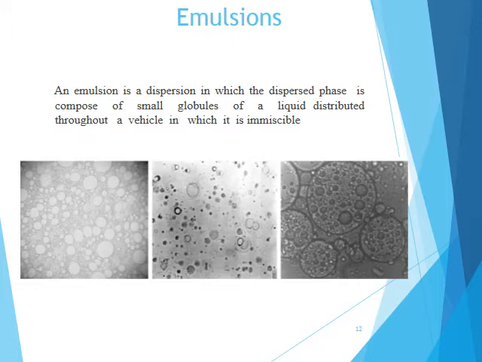So there are different questions that could be asked related to pharmaceutical emulsions. The first one: do we have a single size of the globules inside the dispersion medium? So that's one of the questions. And then, do we have a specific number of the globules inside the dispersion medium, and so on.